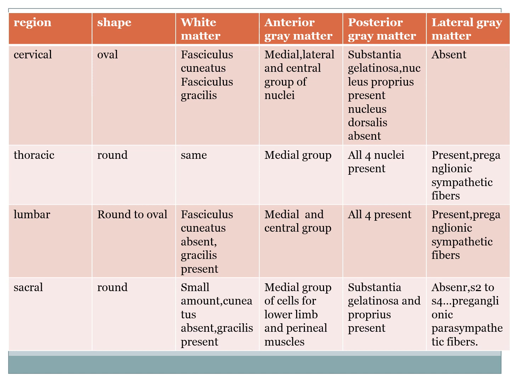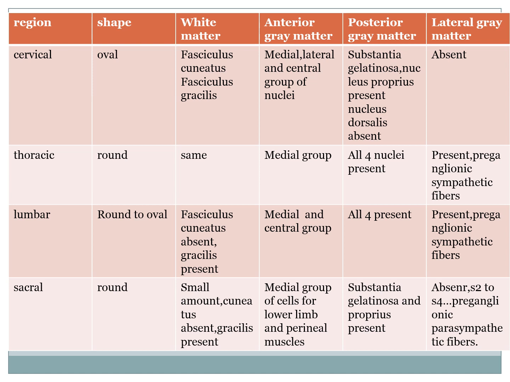Then in the anterior gray matter, as we have read, the medial group is present almost throughout the length of the spinal cord, the central group is present in the cervical and lumbosacral regions, and the lateral nucleus is present in the cervical and lumbosacral regions. Then in the posterior gray matter, substantia gelatinosa and proprius are present throughout the length, but the dorsalis is absent in the cervical region.